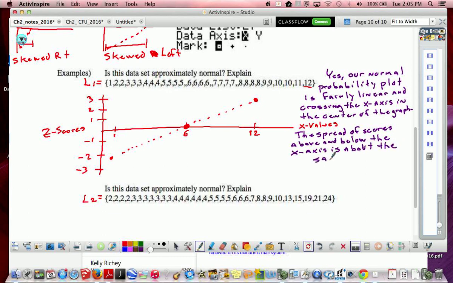They're not exact, but they're close. Because if I look here, I'm basically going from 6 to 1 versus 6 to 12. A little bit longer up top, but by one value, not a significant amount. It's definitely looking more linear than skewed in one direction or the other.